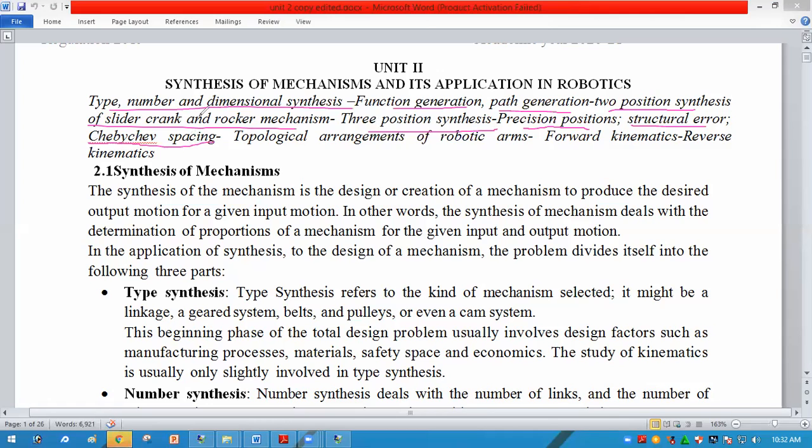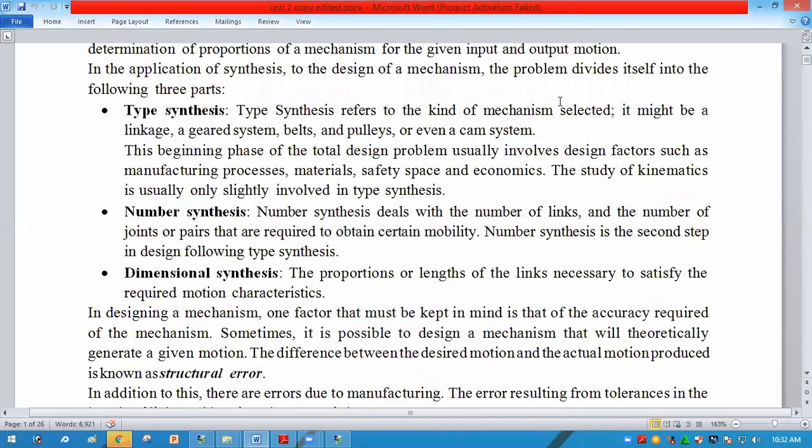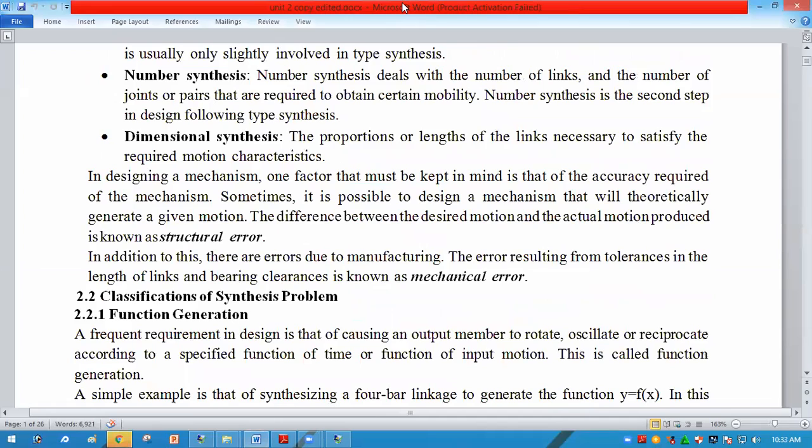Before that, let us be clear about what the structural error is. The structural error is the difference between the desired motion and the actual motion produced.